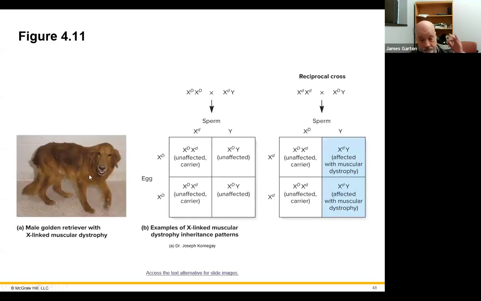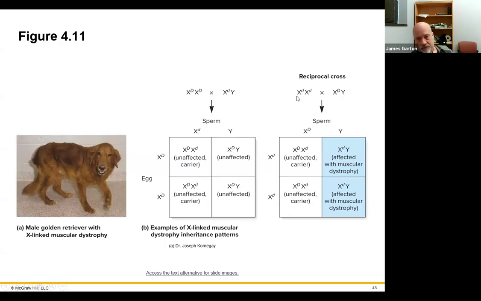And there is a dog with the X-linked muscular dystrophy. And here is the reciprocal cross. Unaffected female, affected male. All offspring will not have muscular dystrophy, but all of the daughters produced will be carriers.